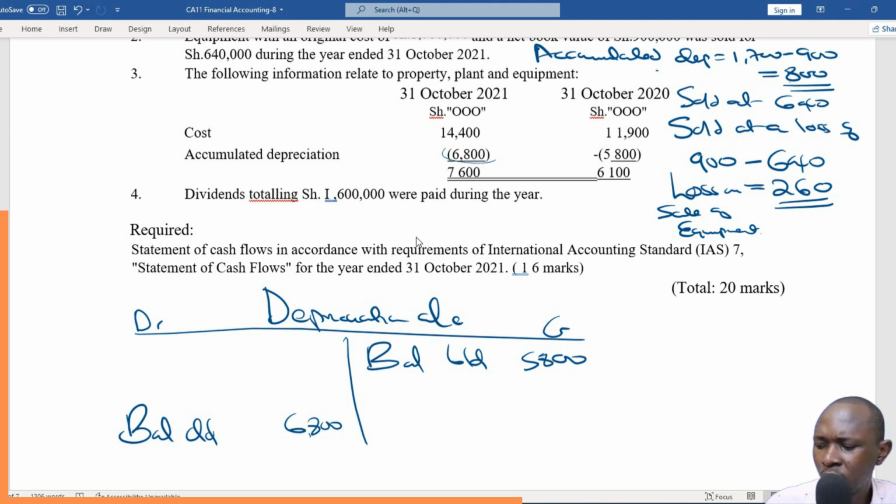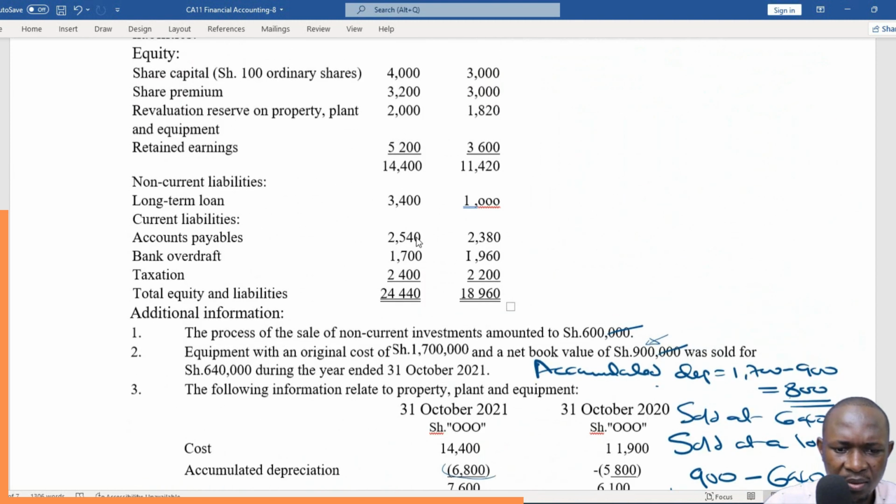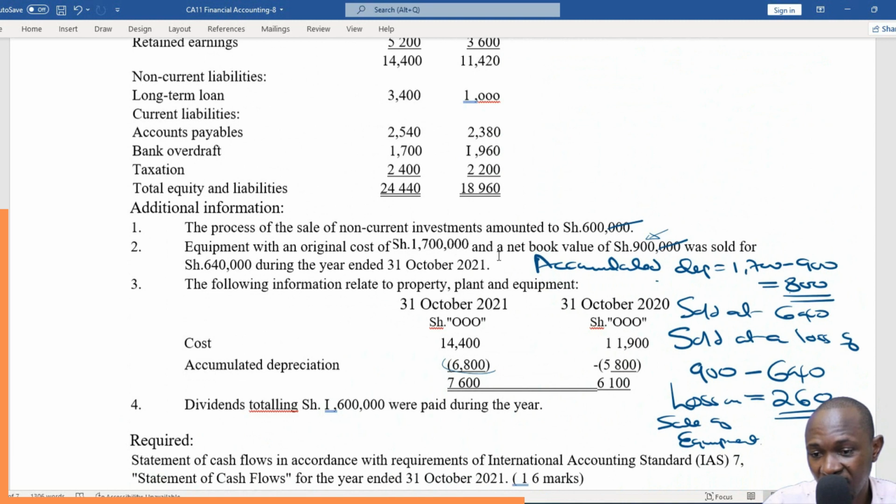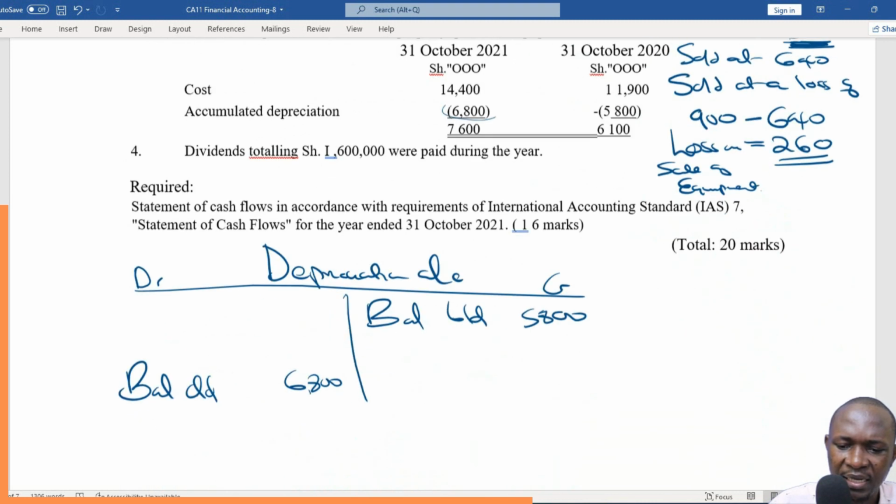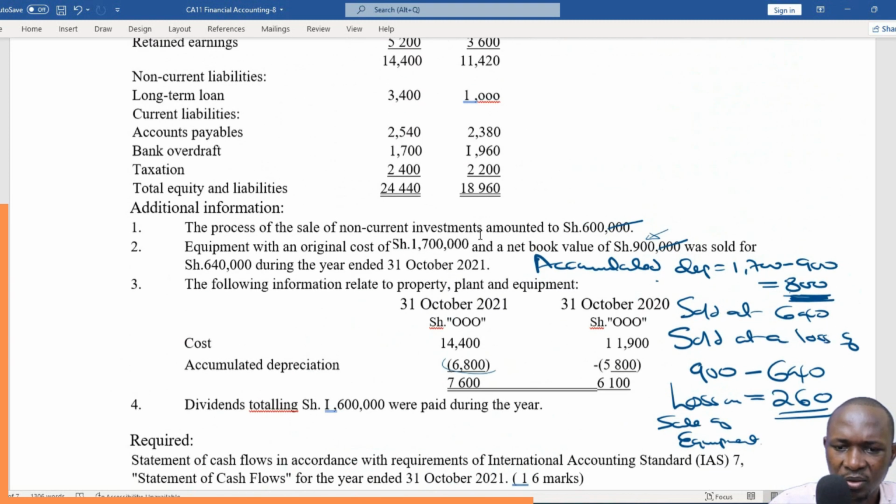we are now going to calculate, because this year there was some depreciation. We know there's some depreciation here. Equipment with an original cost of 1.7 and a net book value of 900 was sold for 640. We've said that the depreciation for this particular equipment is 800. Assumption is that we have not included this in these figures, because this is at the end of the year.